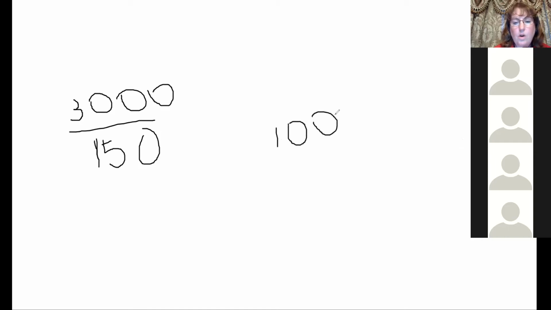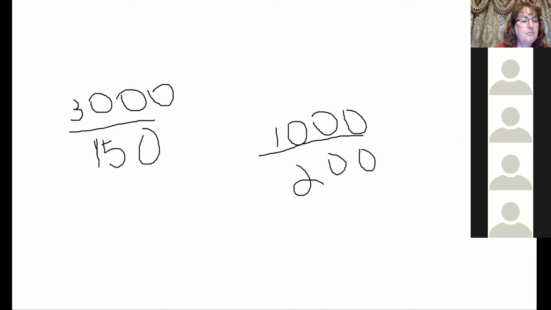We had 1 liter or 1,000 milliliters, and we want it to go in at 200 milliliters an hour. What do you get for that? Five. Yeah, so this would just go in over 5 hours.